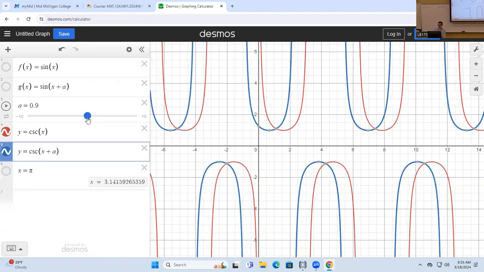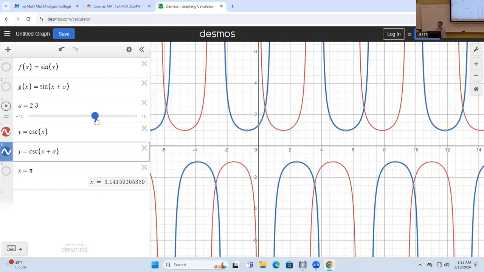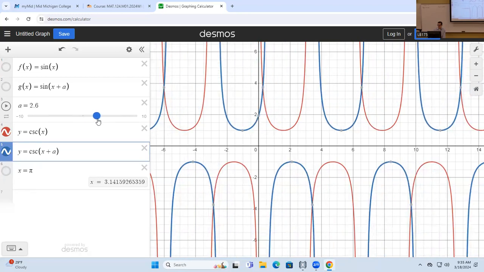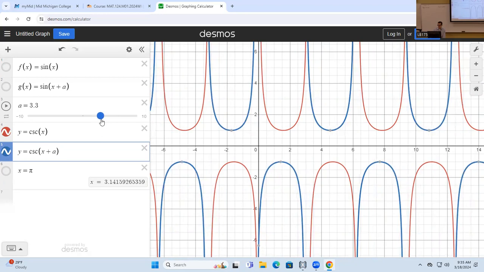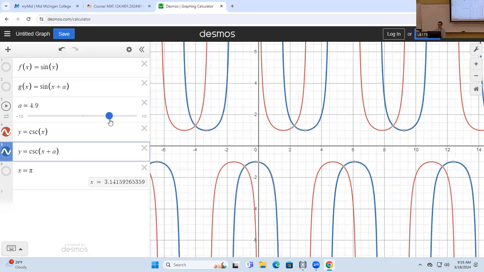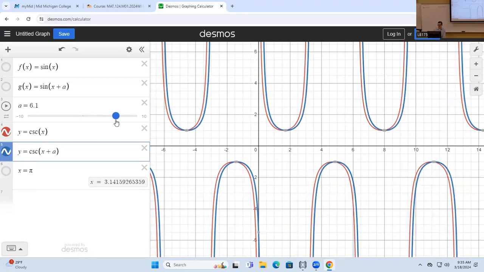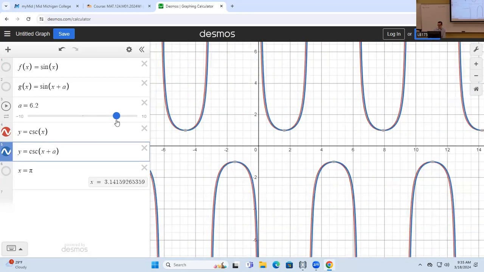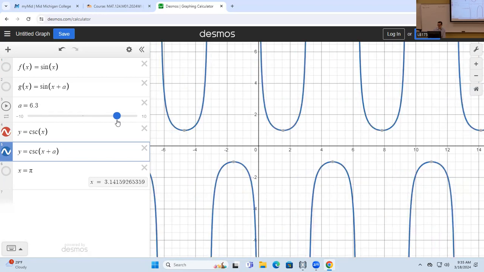As you move over, if I move over pi units, no, it doesn't land on top, does it? But if you move over 2 pi units, we are on top. And it probably suffices just to say that secant has the same property.